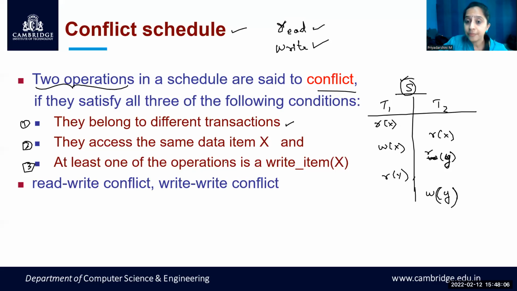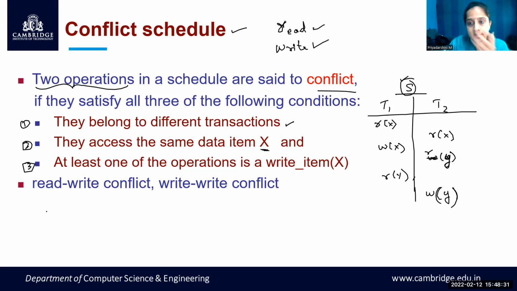Before this, when do we say it is a conflict? Let me talk about the 3 scenarios. They belong to different transactions. They access the same data item X, and at least one of the operations is a write operation. So what they are telling is there are 3 scenarios.